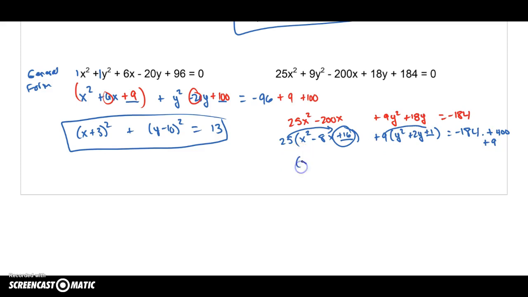Okay, so that leaves me with x minus 4 squared plus 9, y plus 1 squared equals, this gets me 225. Dividing by 225 will give me my answer, and you guys can check the PDF for that.